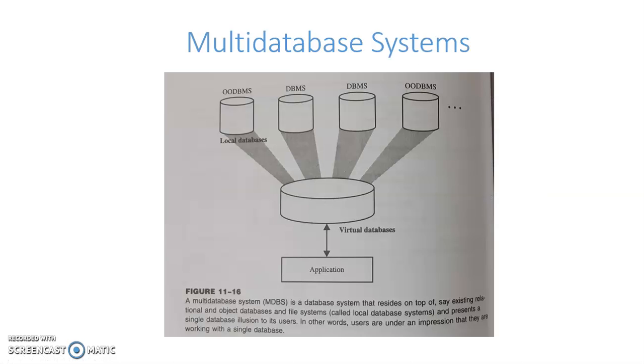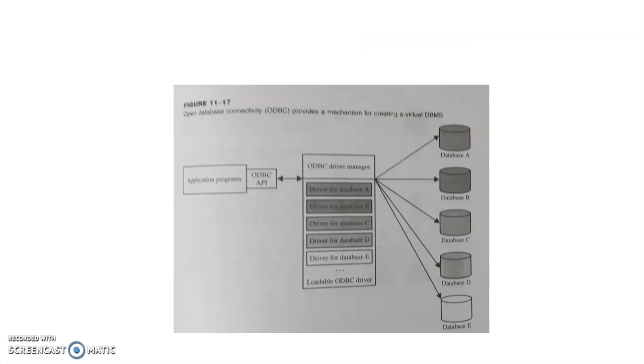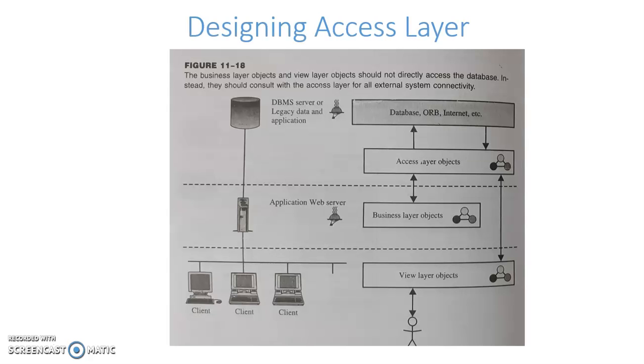The next concept is about multi-database systems. Here we study how a virtual database is created for the application. This is whatever you have studied previously, a connection, that is ODBC, open database connectivity, and this is designing an access layer.